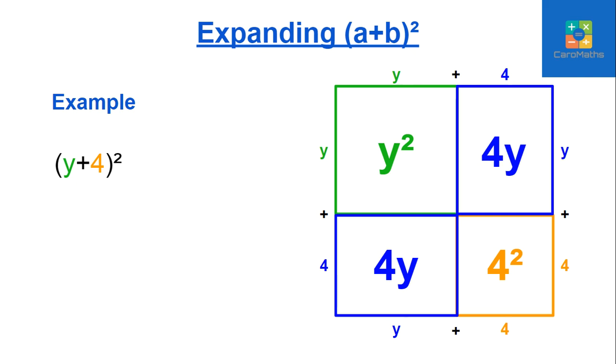So now you can see that (y plus 4) all squared expands to y squared plus 4 squared, which is the area of our green and orange squares, plus 4y times 2, because we've got two blue rectangles. And we can simplify that slightly to get y squared plus 8y plus 16.